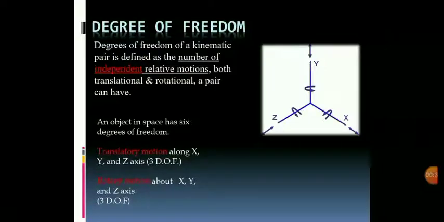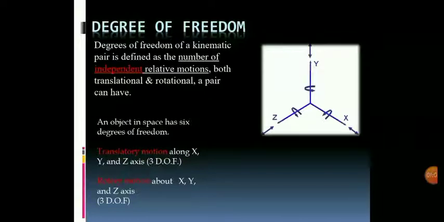independent relative motions. So, if I consider any object which is in space, how many degrees of freedom, that is independent relative motions, can it have? We can imagine that it can have three translatory motions, that is along the x axis, y axis and z axis.